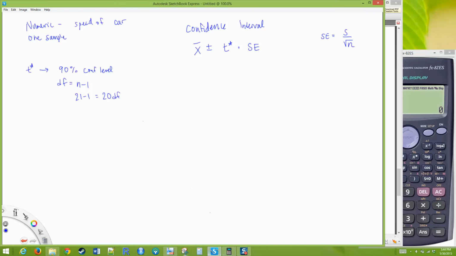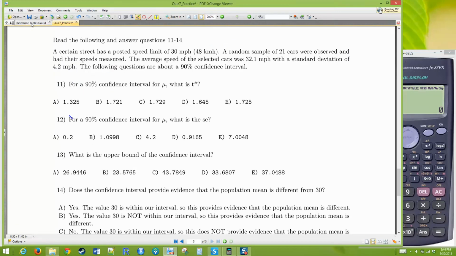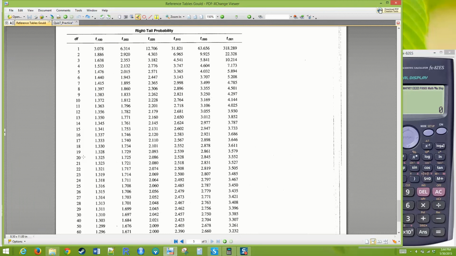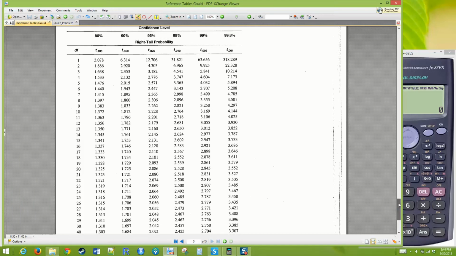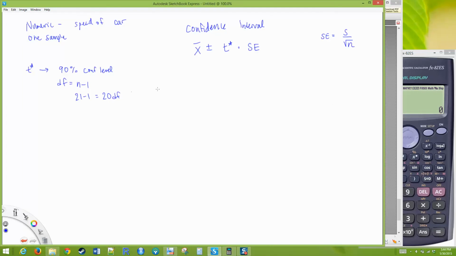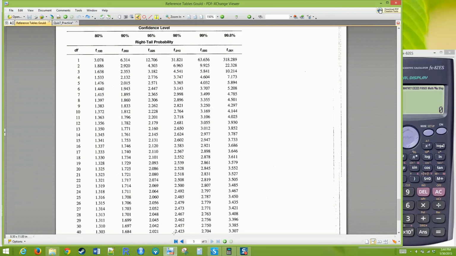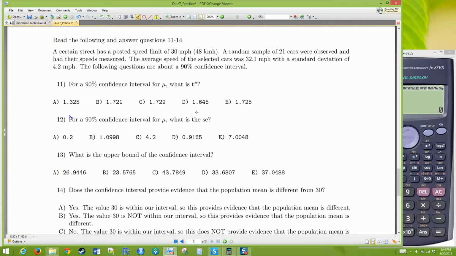So let's go to our table, look up 90% confidence, 20 degrees of freedom. 90% confidence is our second column. For 20 degrees of freedom, I'm going to use 1.725. That's going to be my t star. So t star is equal to 1.725. Let's take a look at our answer choices. Indeed, we see answer choice E is 1.725.